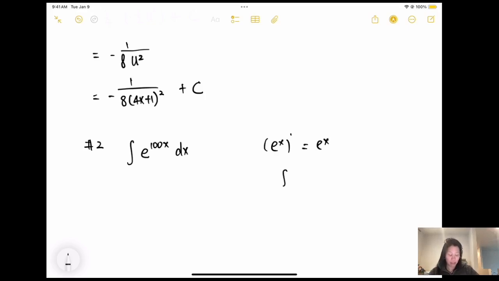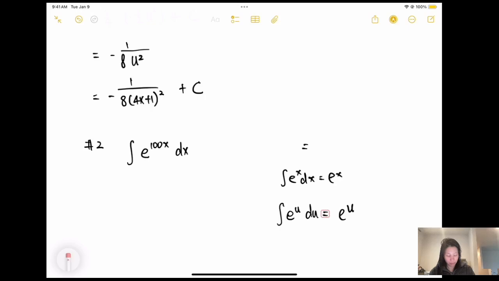So that means the antiderivative of e to the x dx is e to the x. So it's easier if we let u equal 100x, so that I have e to the u du, which is equal to e to the u.